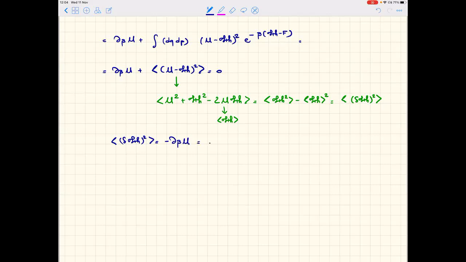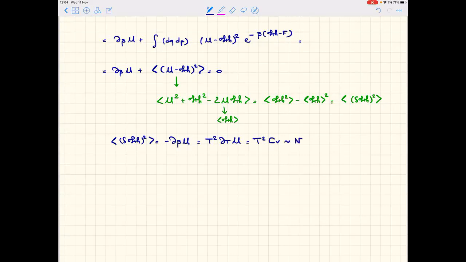But d beta u is T squared dT u. And this is T squared times the heat capacity. The heat capacity is an extensive quantity. It's not like the specific heat, which is normalized, which is intensive.